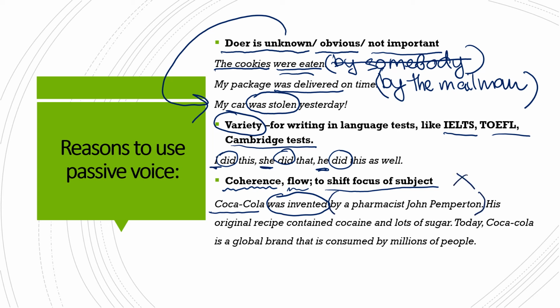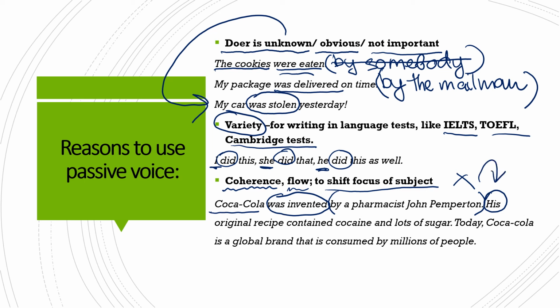We can skip it. However, if you look at the next sentence, his original recipe contained cocaine and lots of sugar. Here, by shifting our object to the end of the sentence, we can connect it with the next sentence easily.